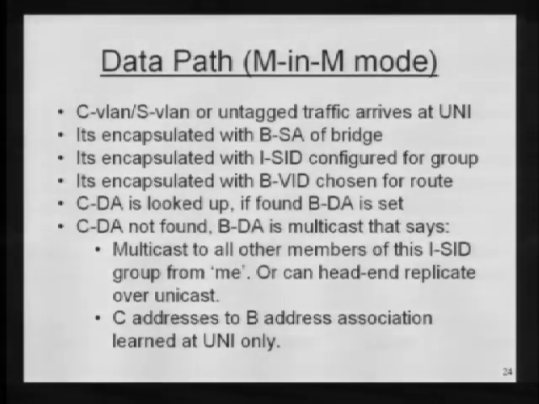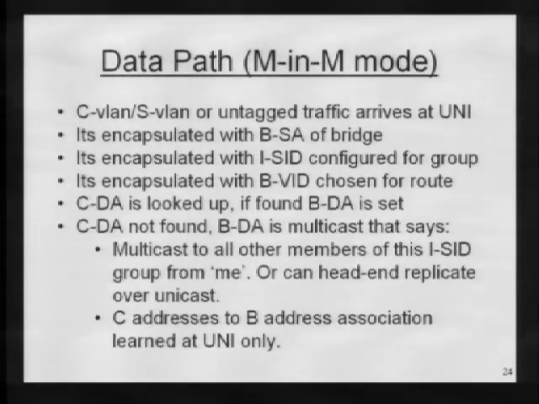It will then encapsulate it with a B-VID, which has been either pre-assigned or chosen based on the route that you want to use across the network, and then it will do the actual lookup of the end host DA. If it finds that end host DA, then it knows what the appropriate egress shortest path bridging device is, and it will then just assign it and send it unicast.